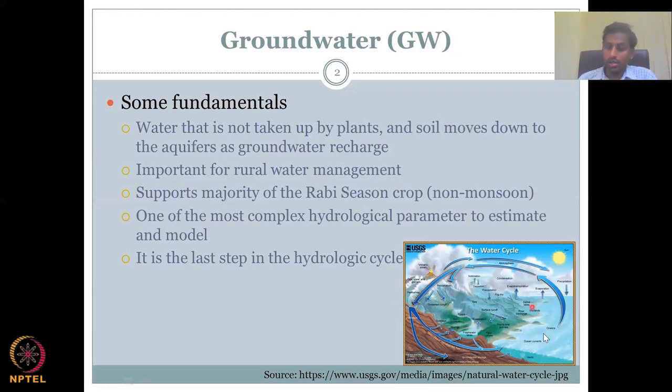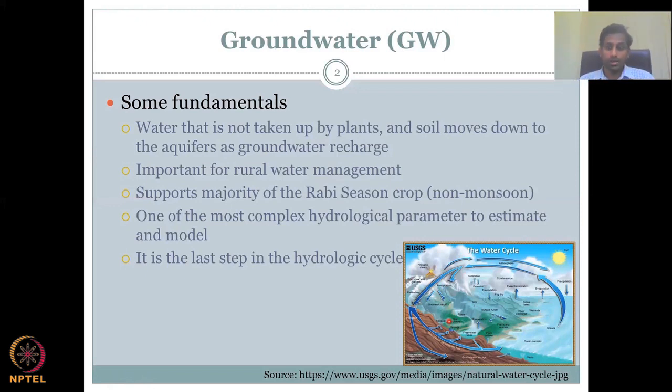So let's look at it here. The last step, which I mean is the deepest step. So you have precipitation converting into snowmelt, runoff in the rivers, and then storage. So these are early stages. Then some part of the water gets into the system as soil moisture, and that water is taken up by plants.